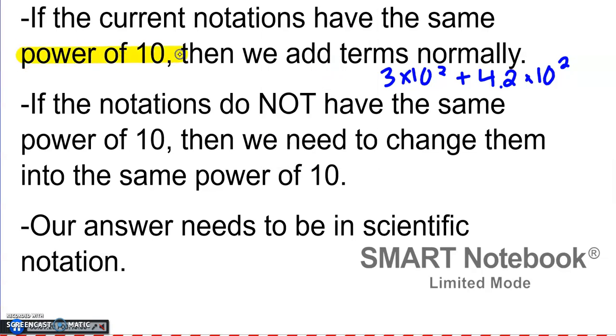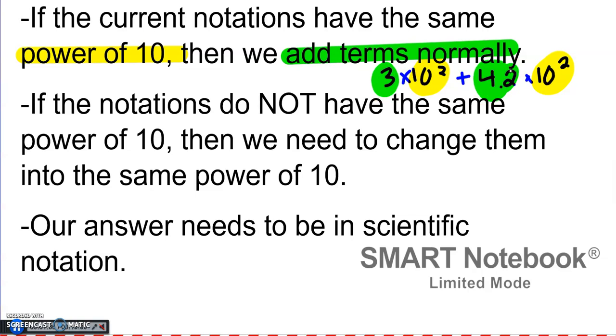So we're looking for the power of 10 to be the same. Well, we have 10 to the second and 10 to the second. So we're just going to be adding these terms. And when I say these terms, I mean the ones in green, so the 3 and the 4.2. We're just going to add them normally.